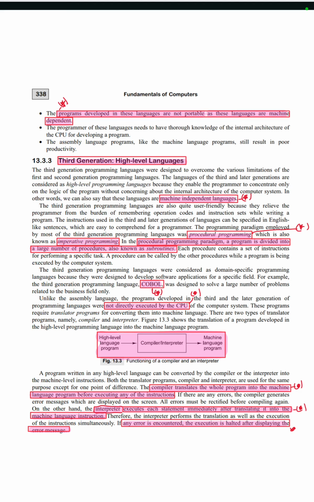The third and the later generations of programming languages were not directly executed by the CPU. A high level language program is changed by a compiler or interpreter into a machine language program. A compiler translates the whole program into the machine language program before executing any of the instructions.